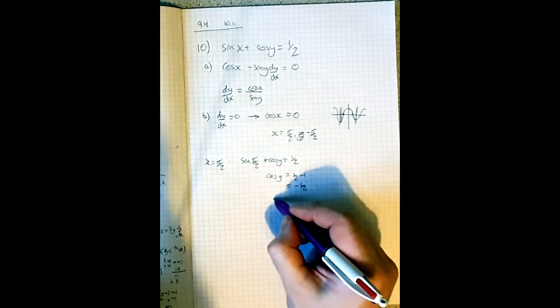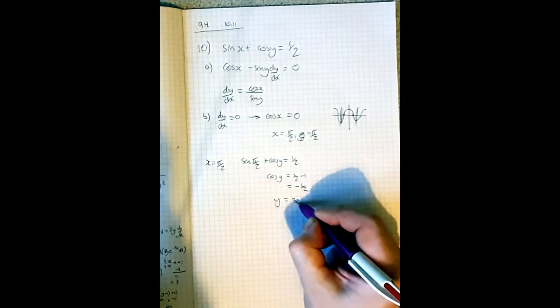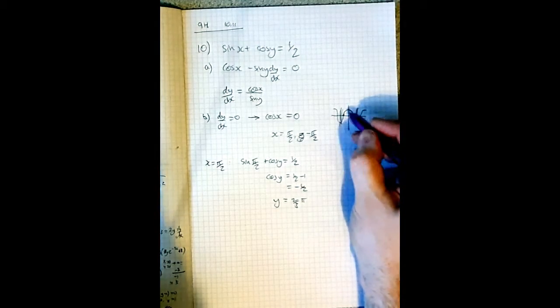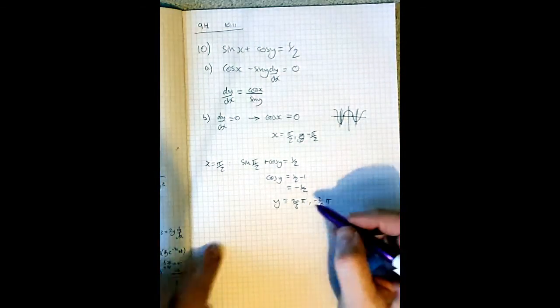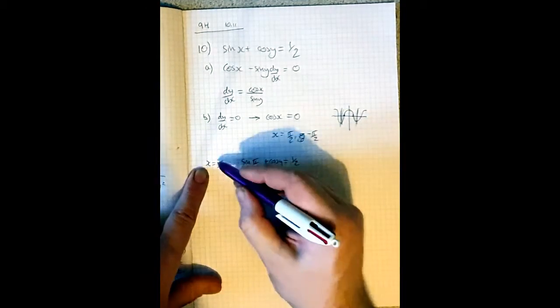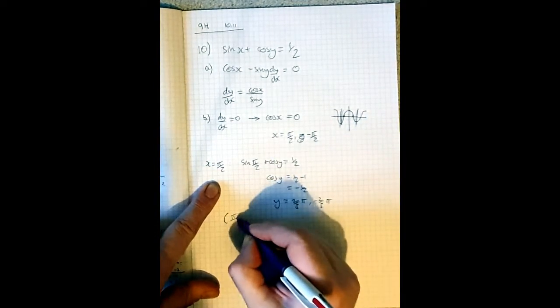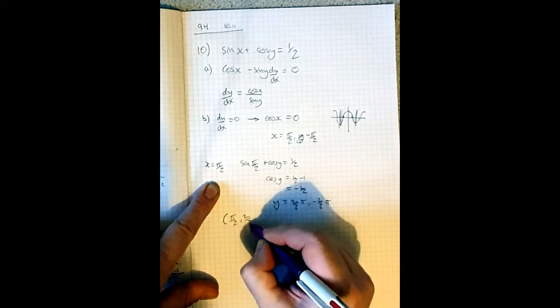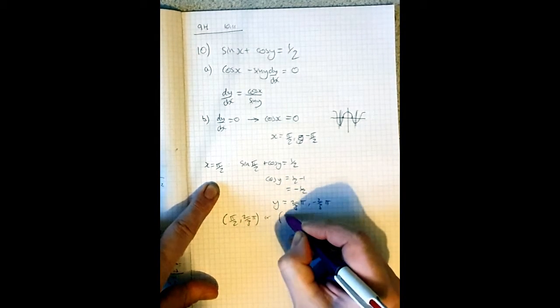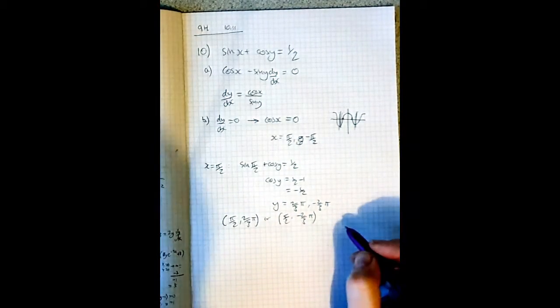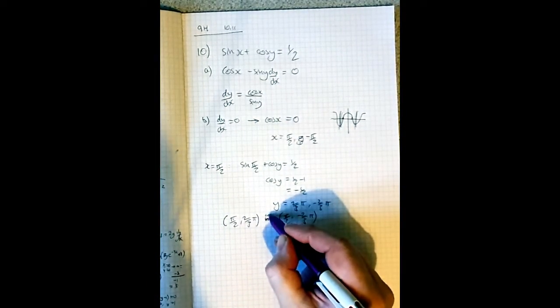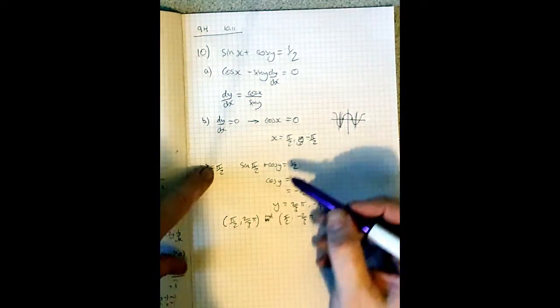Cos y is minus a half, so y is 2/3 pi or minus 2/3 pi. So that gives me coordinates of pi over 2, 2/3 pi, and pi over 2, minus 2/3 pi. I should say and, because they're both stationary points. That's if x is pi over 2.